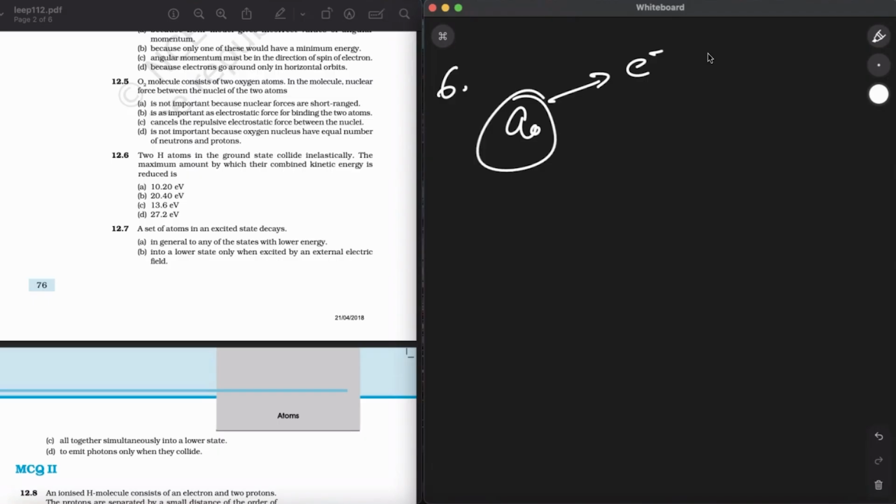So what is the energy in this state? E1 is minus 13.6 electron volt. So the maximum amount of kinetic energy that can be reduced, when one of them goes to the first excited state in an inelastic collision, will be 2 times 13.6 electron volt. There are two atoms, right?